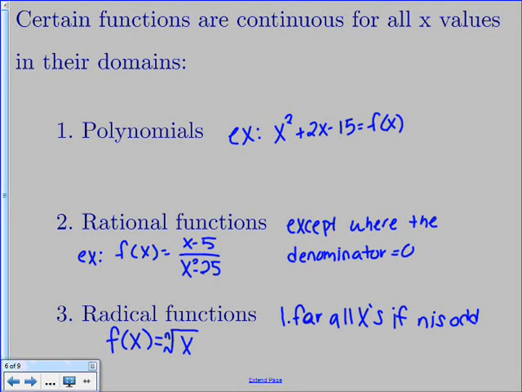Positive, negative, 0, everything's fine. But we're only continuous for x greater than or equal to 0 if n is even. So we're only going to be continuous for positive numbers and 0. If we have an even-powered root, you can think of a square root. You can't plug in a negative number to a square root, so the function isn't defined there, so it's not continuous there.